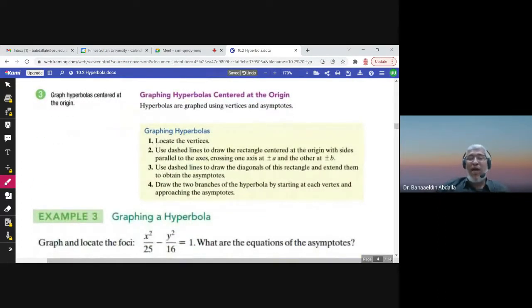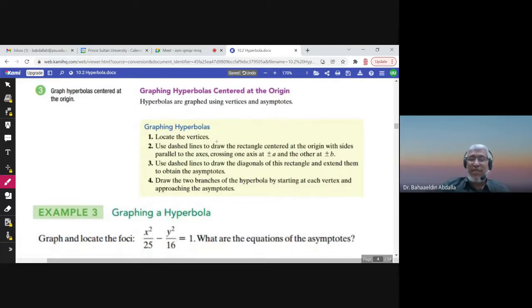So to graph a hyperbola, we start by the center, in fact. We find the center because it says here centered at the origin, so we know that the center is 0, 0. But in the next video, we will talk about center h, k. So you find the center first. Once you have that the center is 0, 0, locate the vertices.